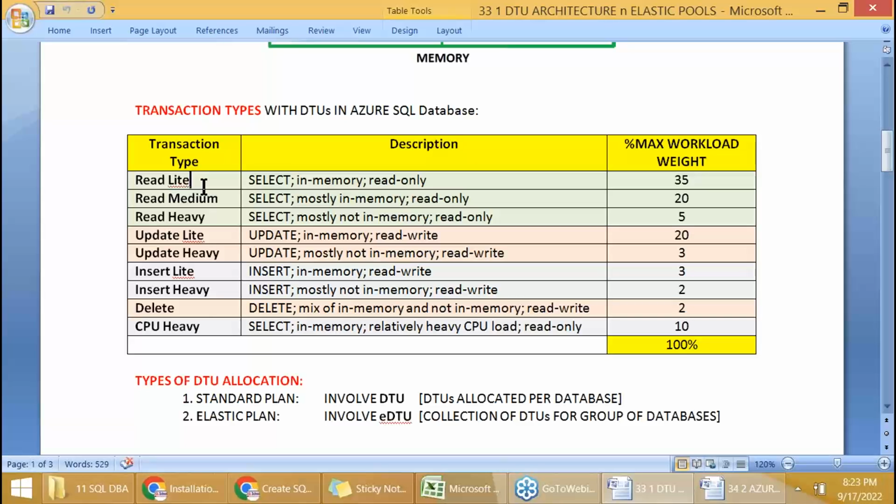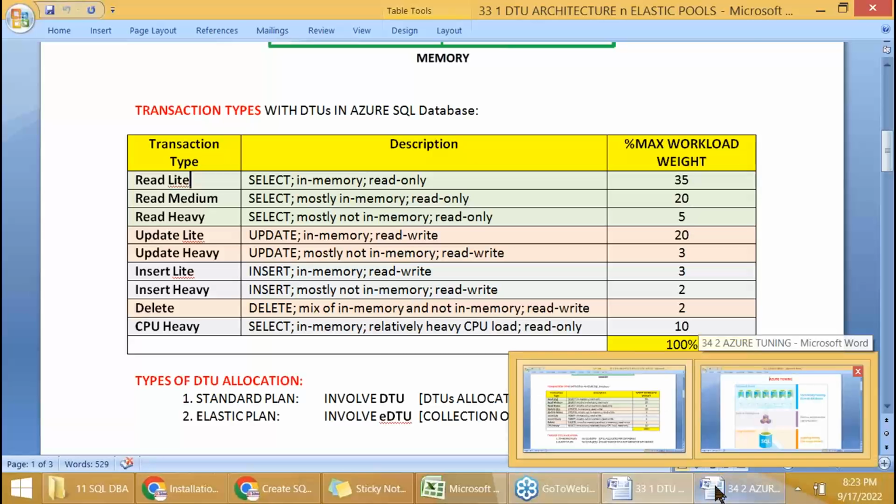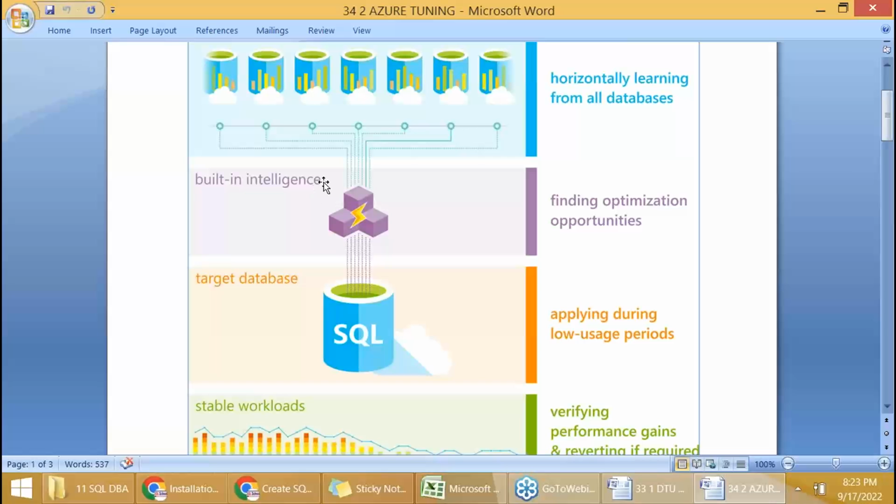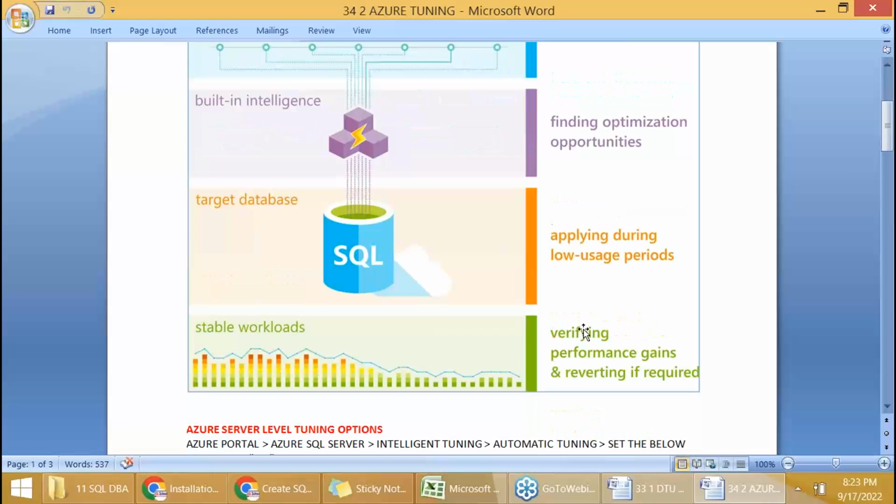Then where lies the main problem? The reason for me taking this reference: remember, tuning is automated in Azure. And beyond that, the recommendations for new indexes are also automated.